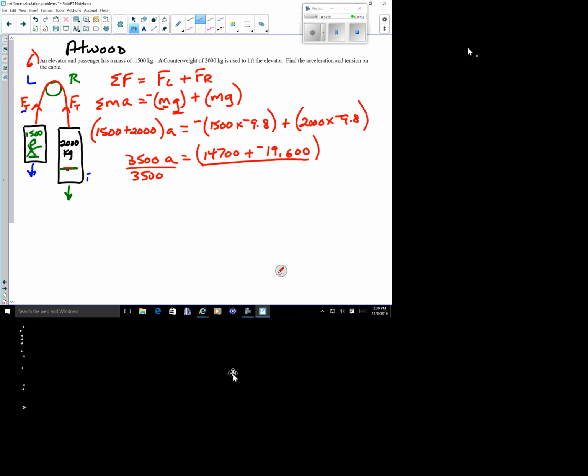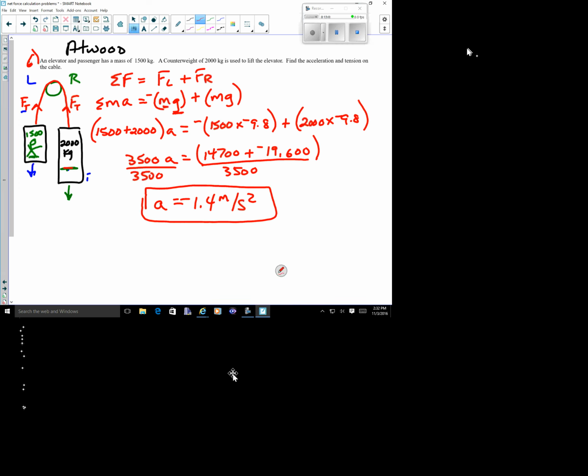And so the acceleration ends up equaling negative 1.4 meters per second squared. So I think that this is much easier than the other way of doing it.